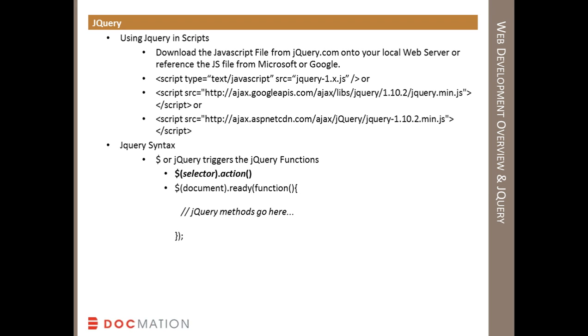So the point I'm trying to make is that dollar is the shortcut for invoking any jQuery function. But in some cases, when you cannot use dollar because it conflicts with other frameworks, you have the option of ignoring it in jQuery by calling the noConflict method, which we'll look into in a few minutes.